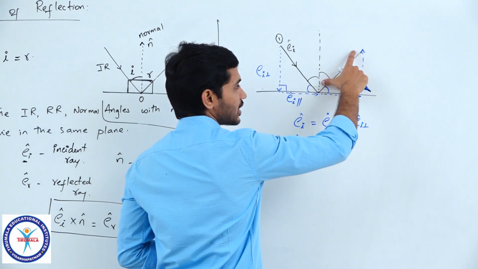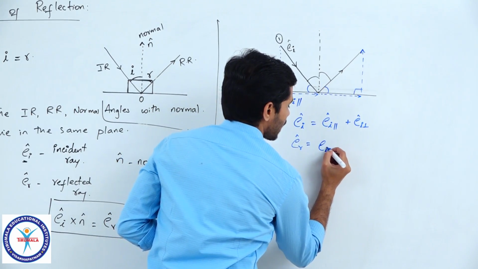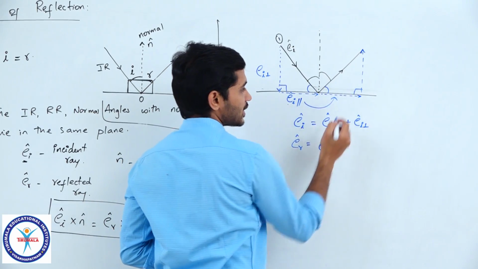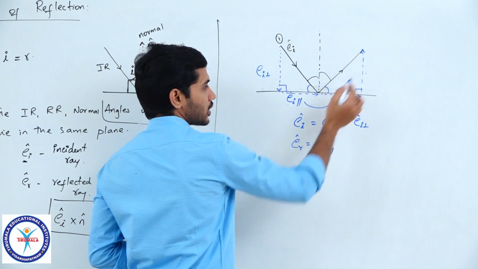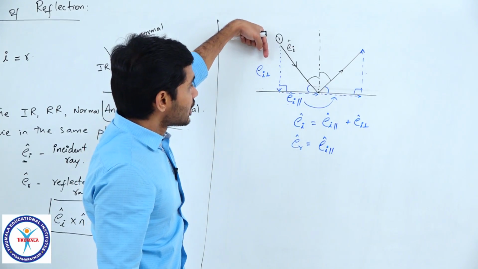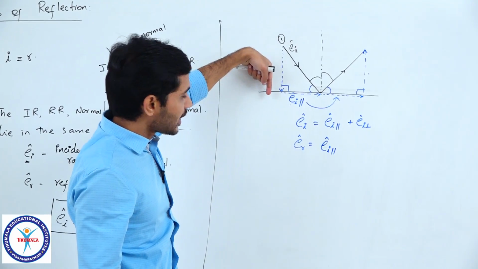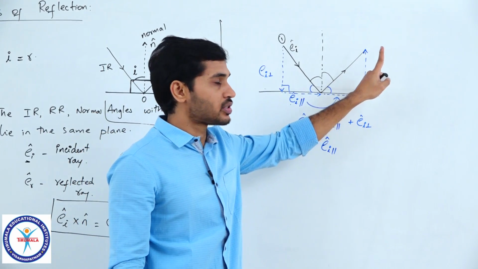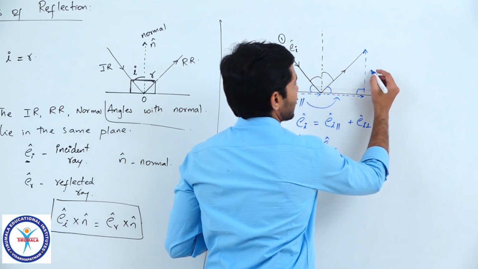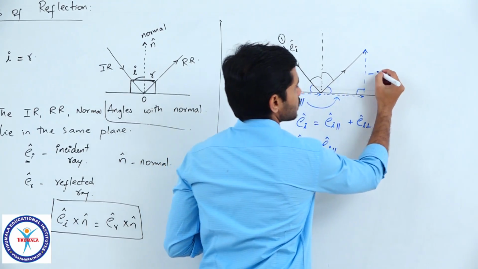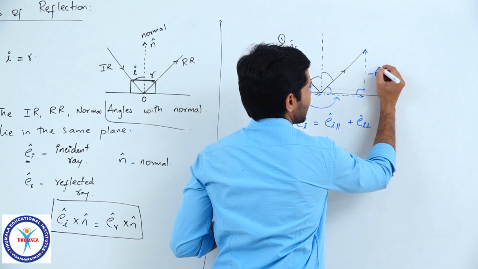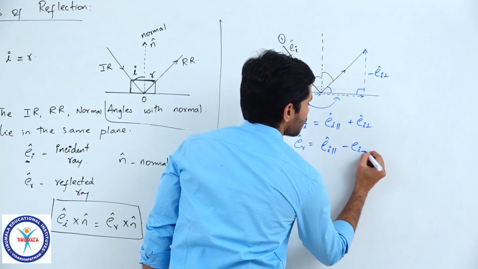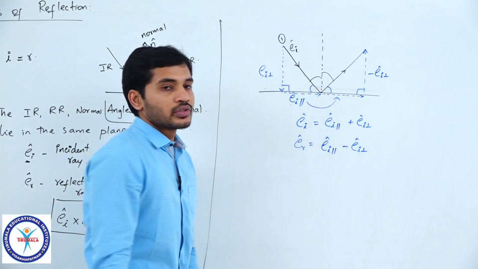I can write this reflected ray as EI parallel cap, which is the same as this vector, both are one and the same. When you look at this vector, the incident ray has a component in this direction and the reflected ray has a similar magnitude in the opposite direction. So, to represent this vector, I can write it as minus of this vector, minus EI perpendicular cap. So, this is the basic idea.